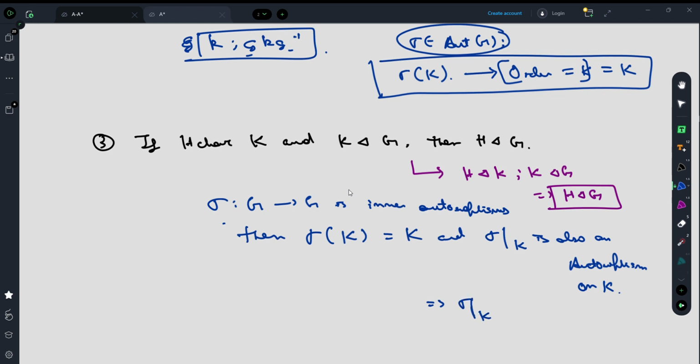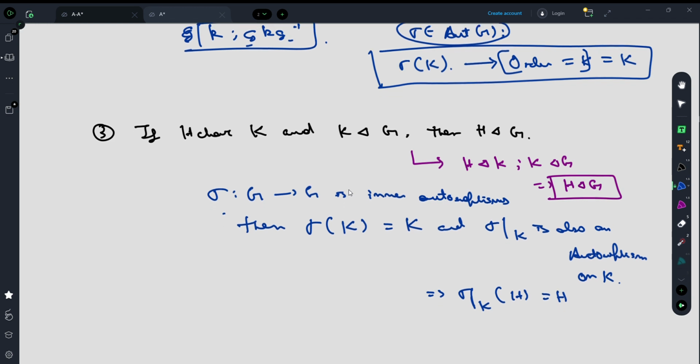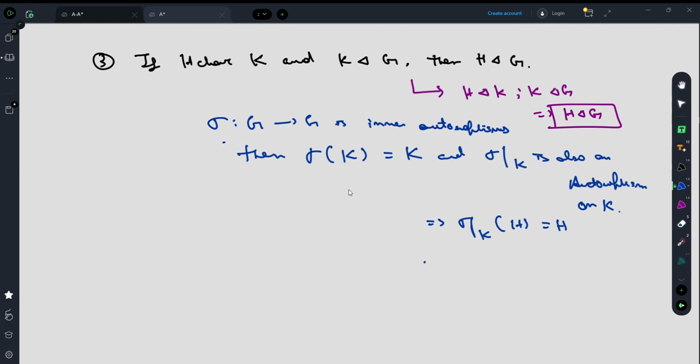But if sigma restricted to K is an automorphism on K, then that would imply that sigma restricted to K of H must equal H, because H is characteristic in G. But then if we remove the restriction, that implies sigma of H will be H again, right? Because sigma restricted to K is a simple automorphism.